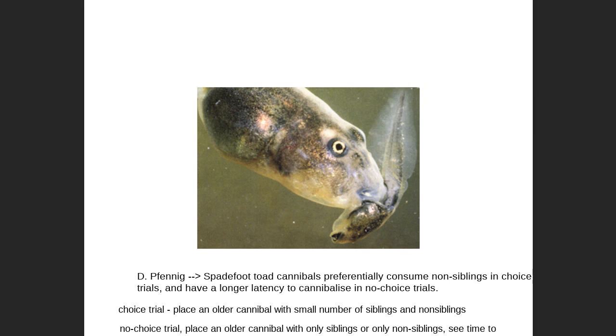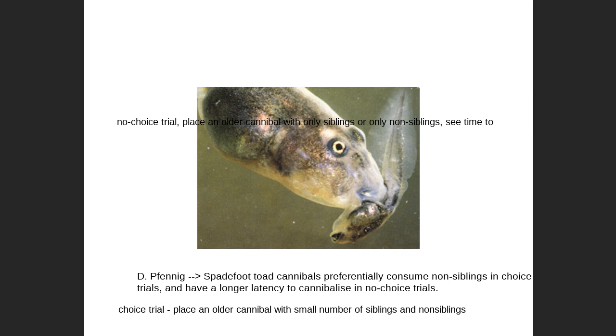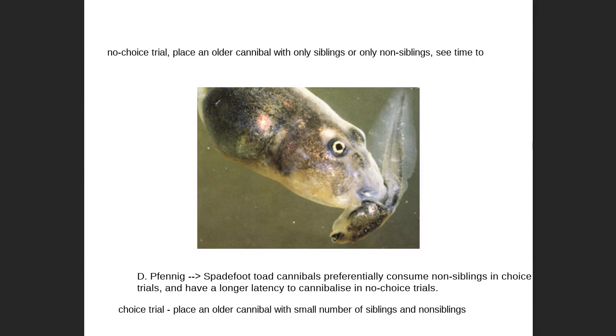In a no choice trial, you place an older cannibal with only siblings or only non-siblings, and then you measure the time until they start to cannibalize. That's the latency.